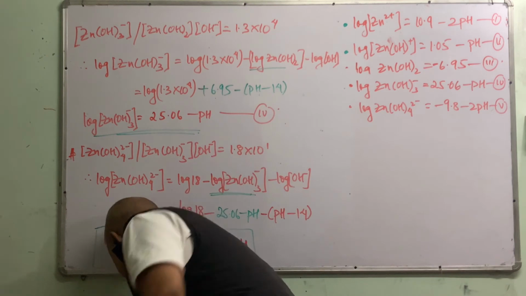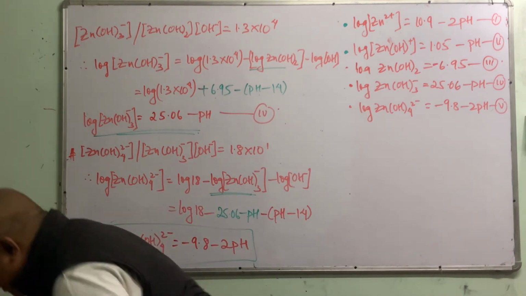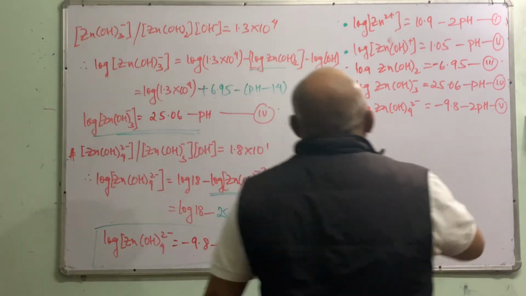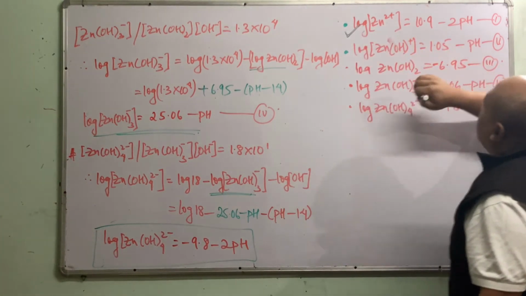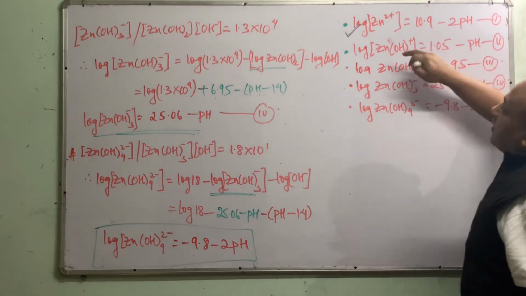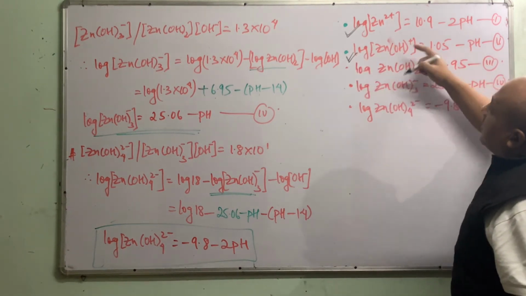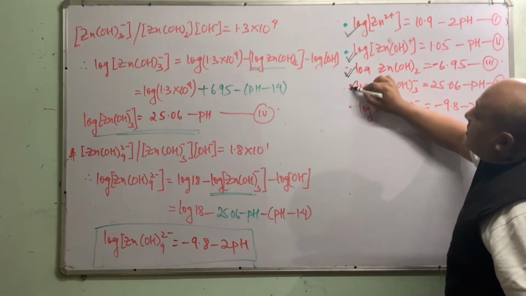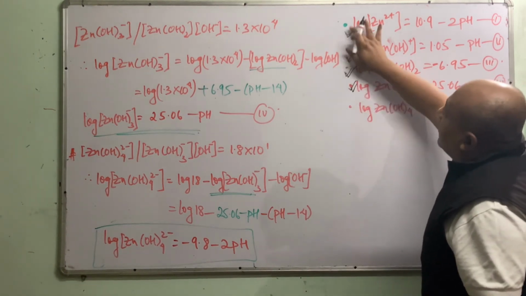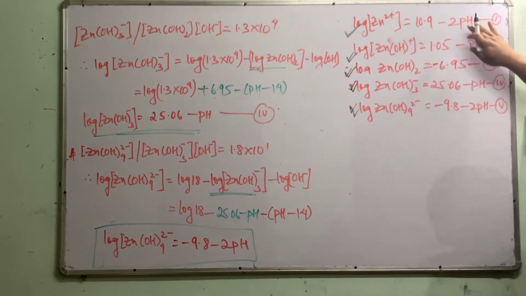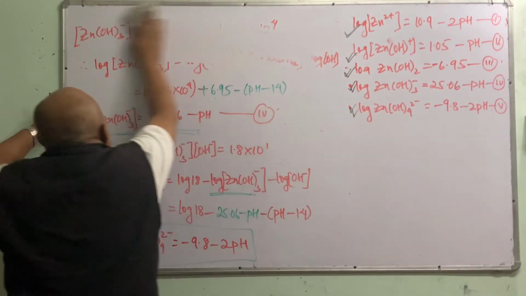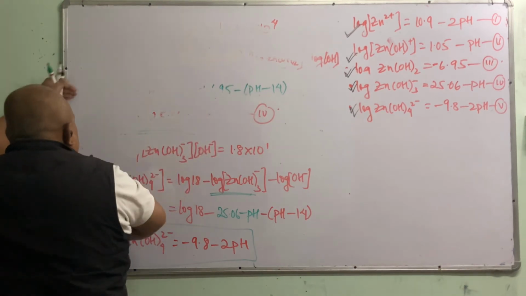At a given pH, logarithm of Zn2 plus is this. It's based on pH. So the second species, the third species, fourth species, and then finally the fifth species. So all the different species of the zinc you can have at different pH. Is it okay right now? Okay. Now don't worry, don't get too complex. The ending is very near.